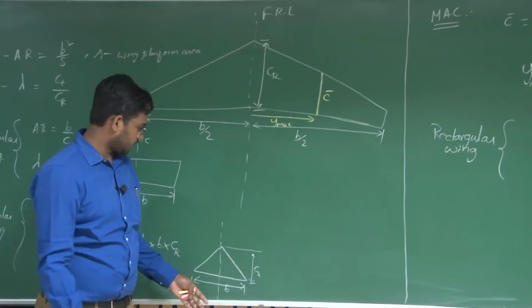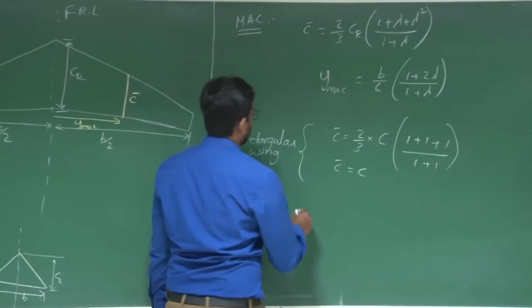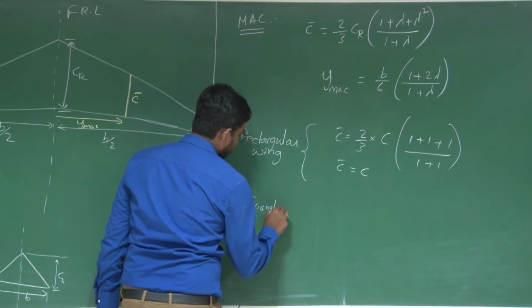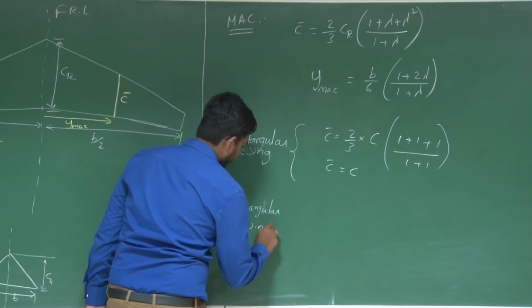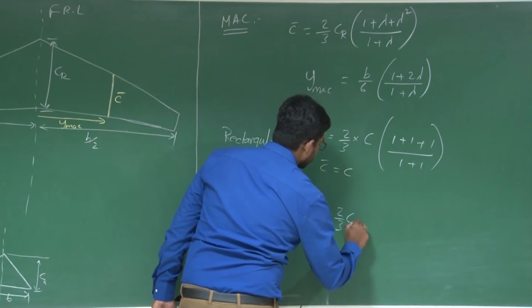What about for a triangular wing? It is 2/3 of the root chord Cr, so C bar is equal to 2/3 of C.